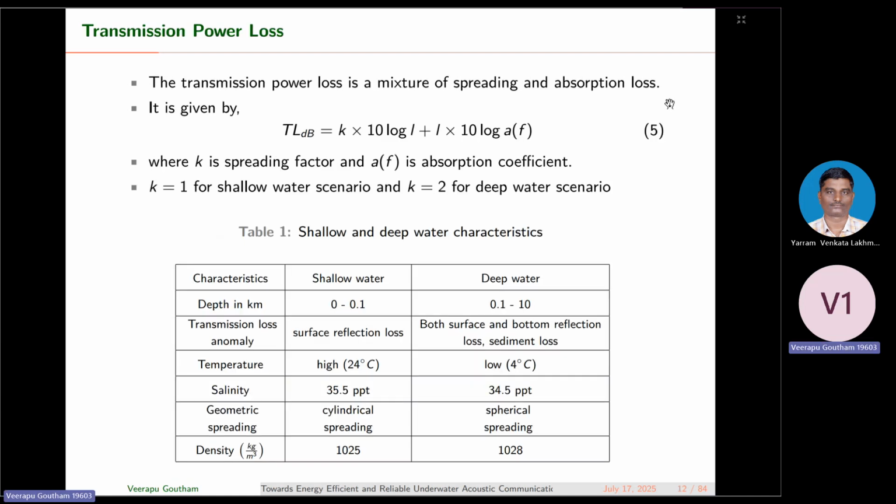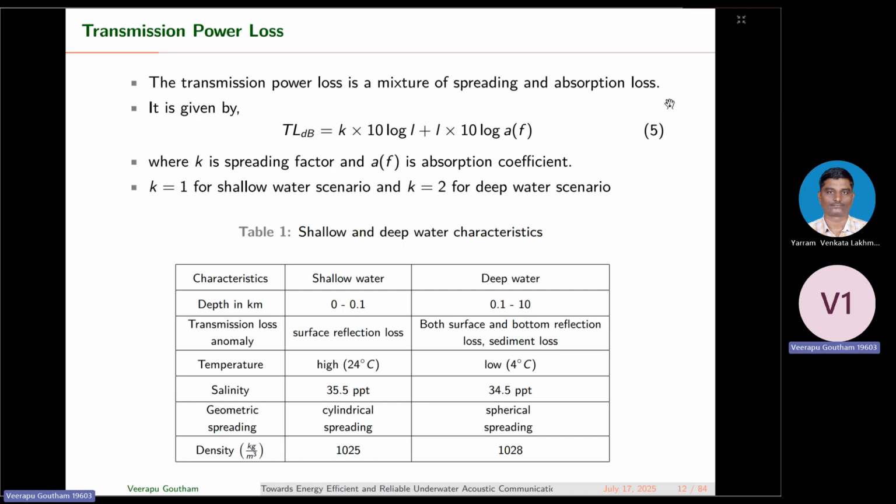Now we found SL. Now we are going to discuss the transmission power loss. If I transmit some power, after some distance how much energy loss will there be? That is given by the spreading loss and absorption losses.